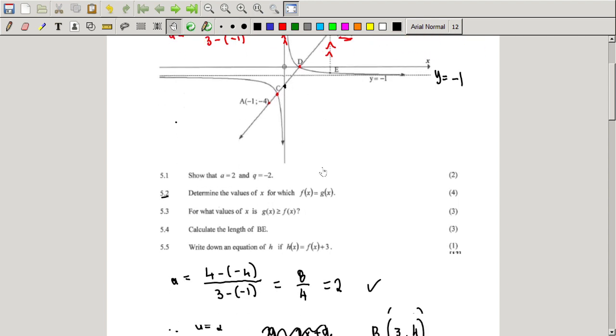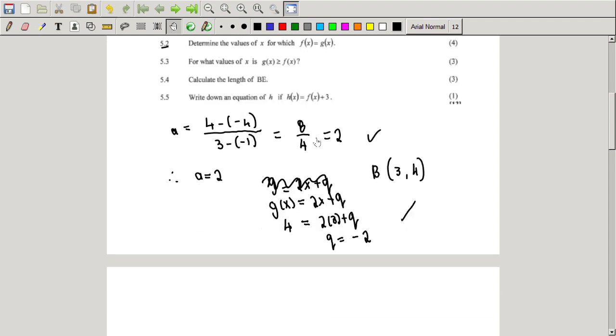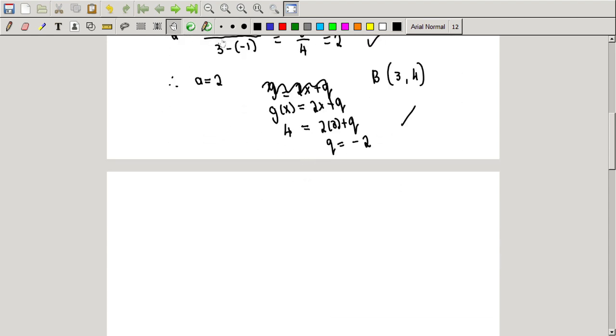Beautiful. So let me go down. Our f of x is equal to 1 divided by x minus 1, and our g of x, since we have all the values, is going to be 2x minus 2. So now I'm going to have to equate them.